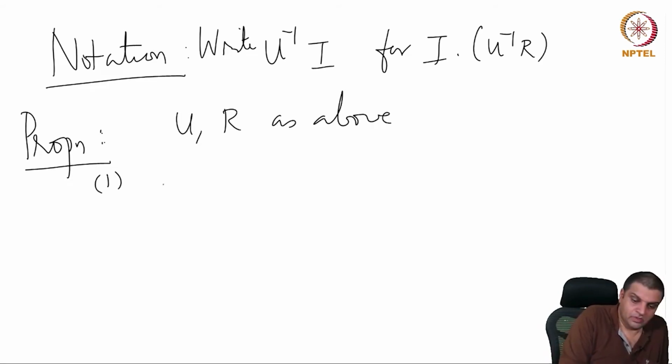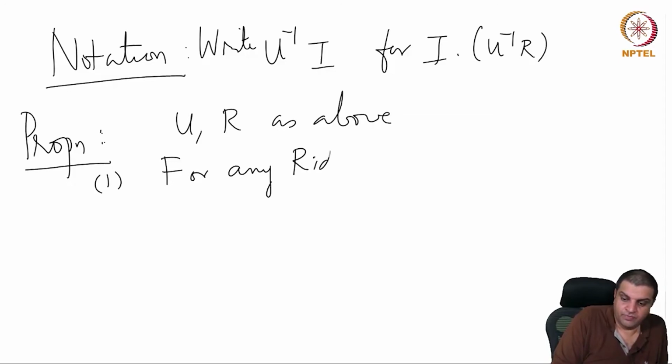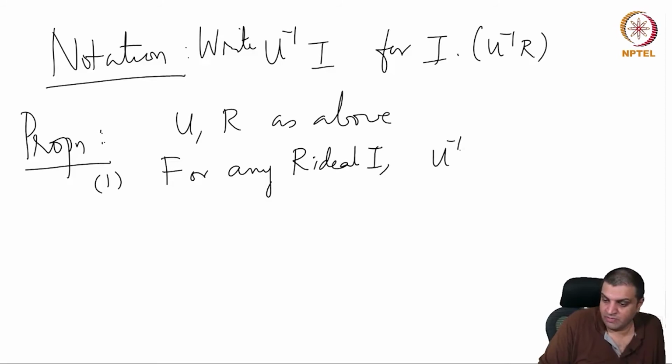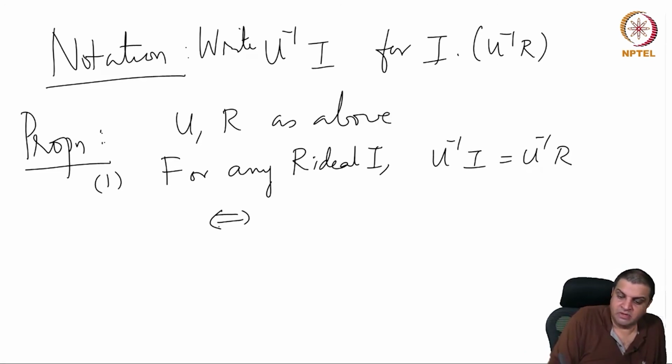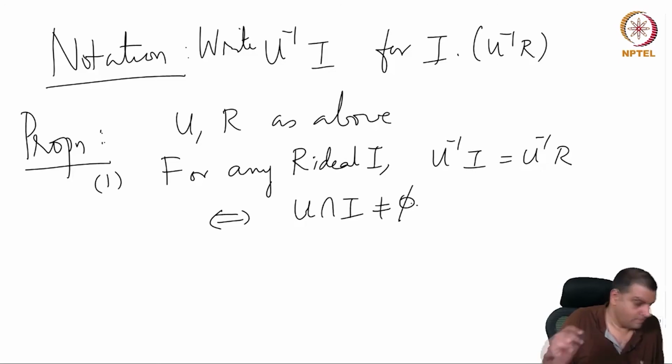1. For any R ideal I, U inverse I is U inverse R if and only if U intersects I non-trivially.